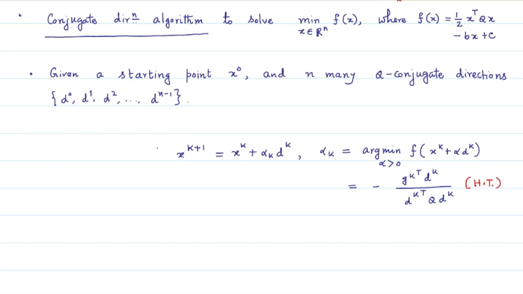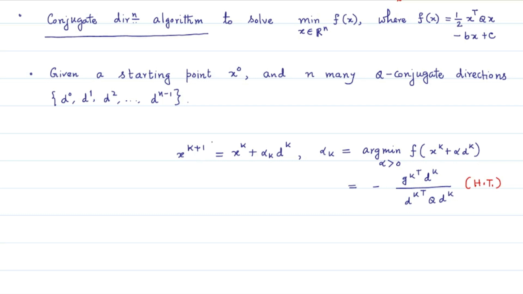So by this iterative formula, we go for finding the iterative points starting from x0. You find x1 by minimizing the function f along the direction d0, and then go for finding the next iterative point x2 by minimizing the function f along the direction d1 and so on.